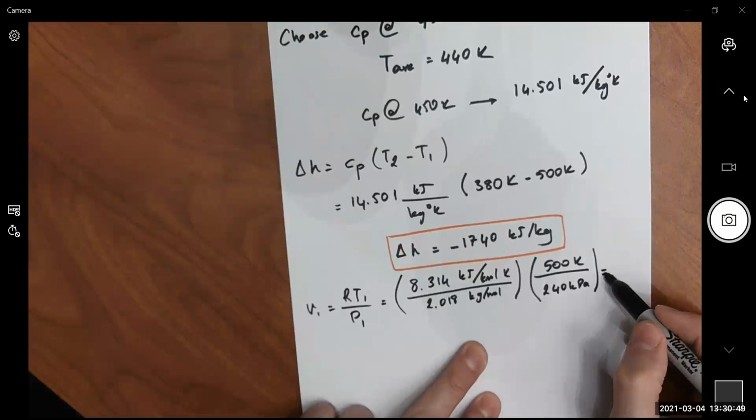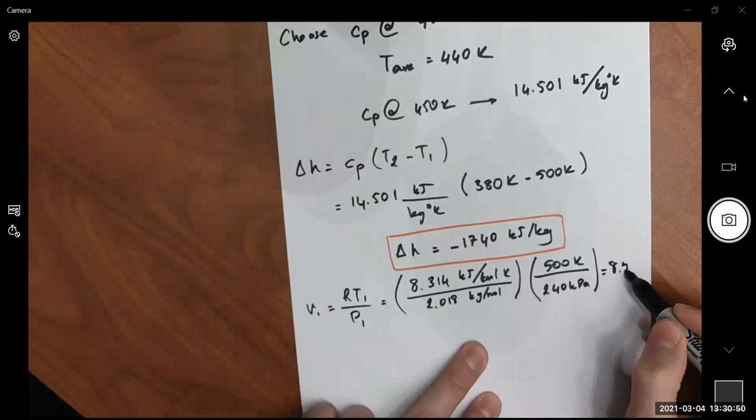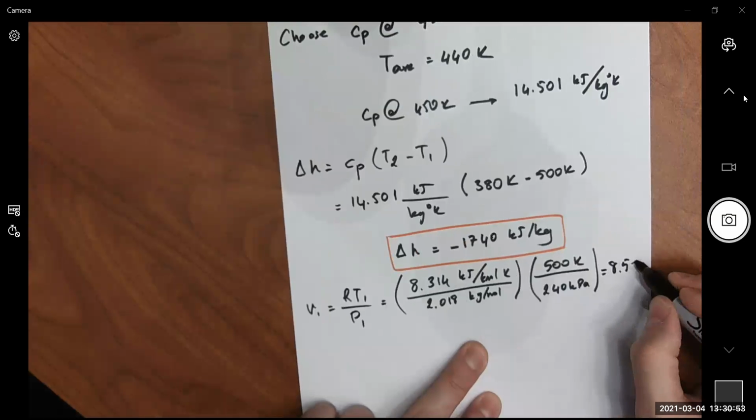It gives us 8.58 meters cubed per kilogram.